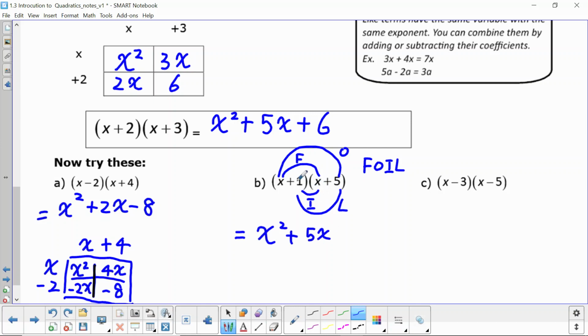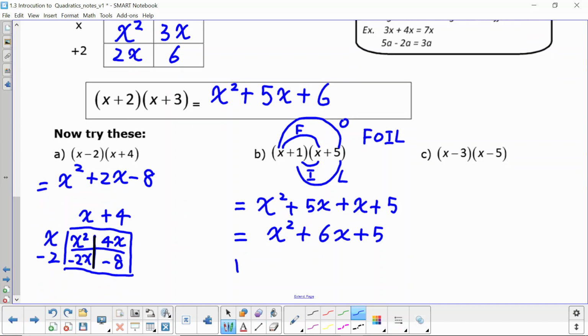Inside times inside is 1 times x, which is 1x. Last times last is 5. Then we combine the like terms. You will have x squared plus 6x plus 5.